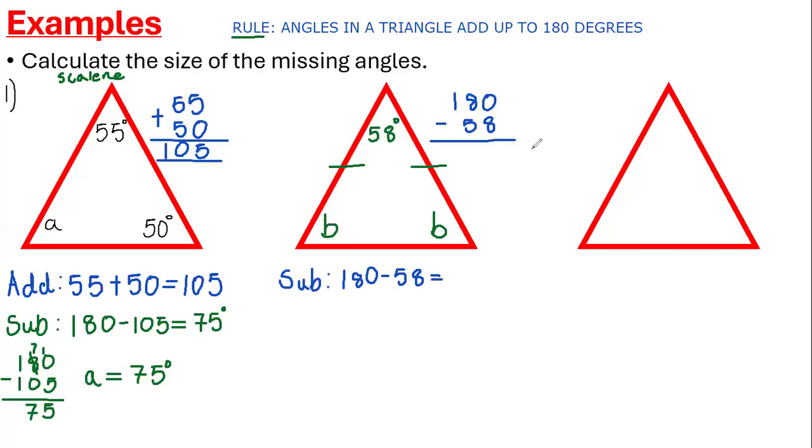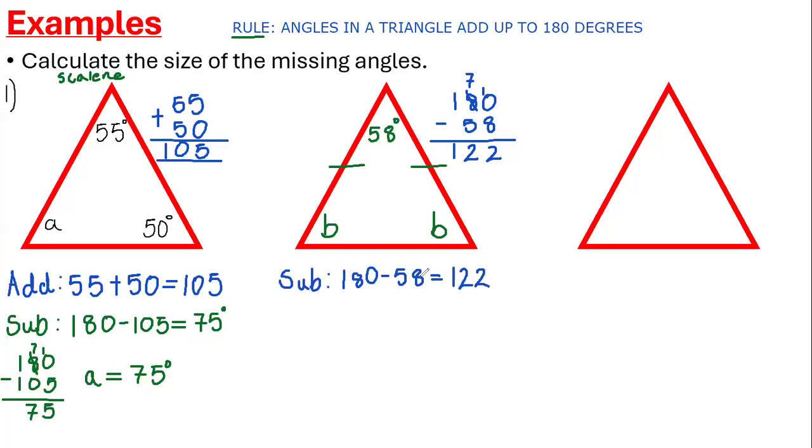You can't do that, so we have to borrow. So this becomes 7, and this is 10. 10 minus 8 is 2. 7 minus 5 is 2. 1 minus 0 is 1, bring down the 1. So it's going to be 122.